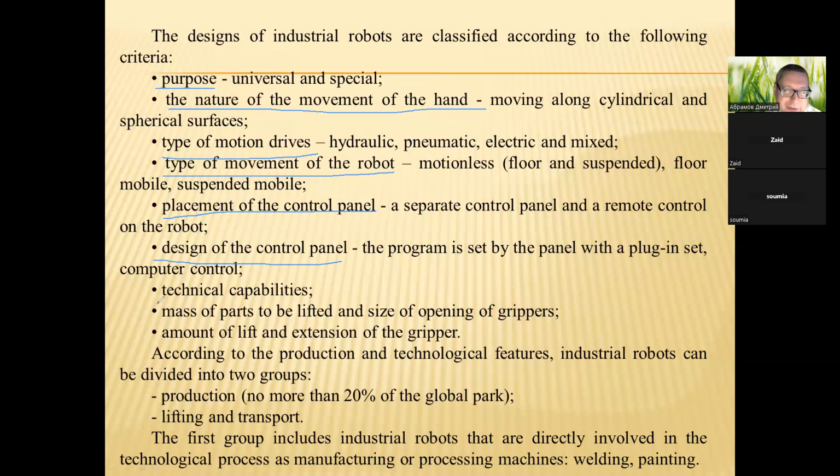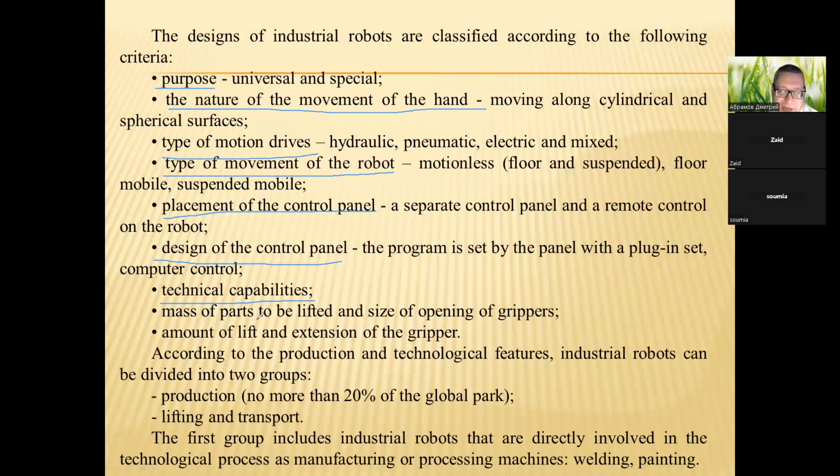Technical capabilities: mass of parts to be lifted and size of operating of grippers, amount of lift and extension of the gripper.